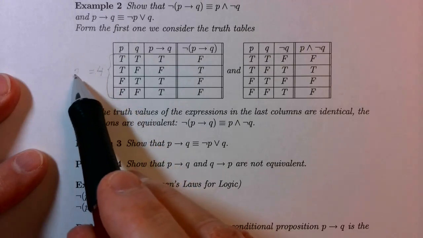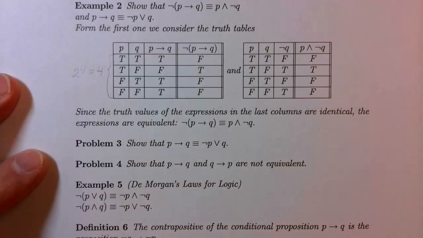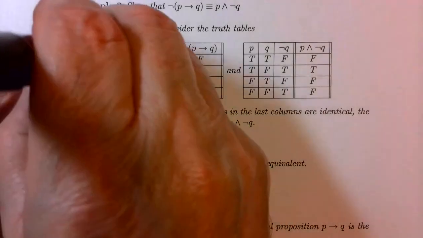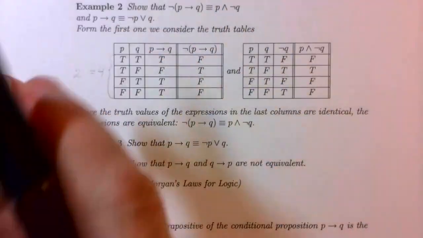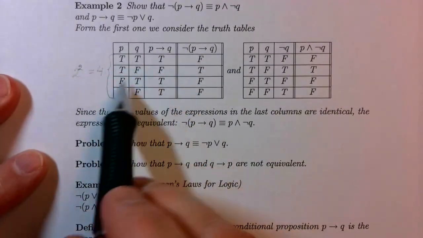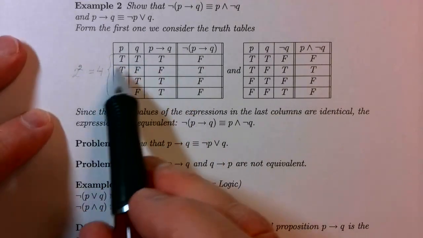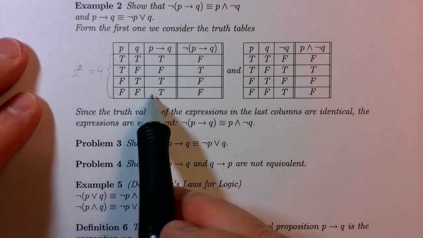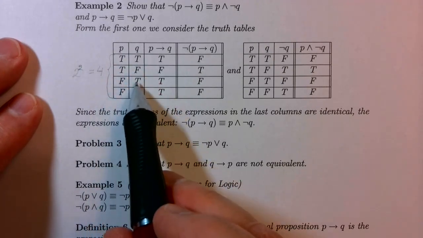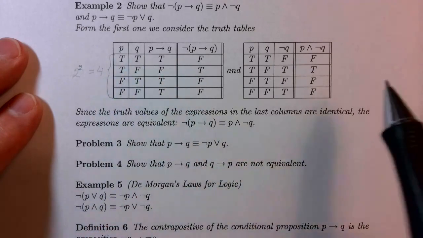Because we have two variables, we have 2 squared, which is 4 rows, 4 possible combinations of truth values. And we put them in standard order, 2 T's, 2 F's for P, TF, TF for Q.